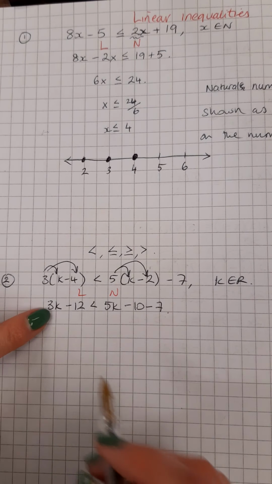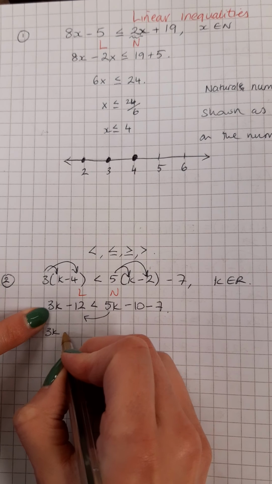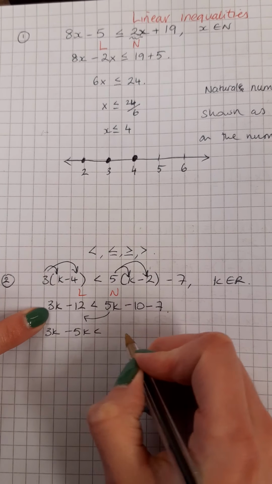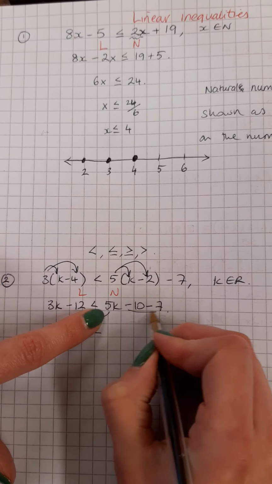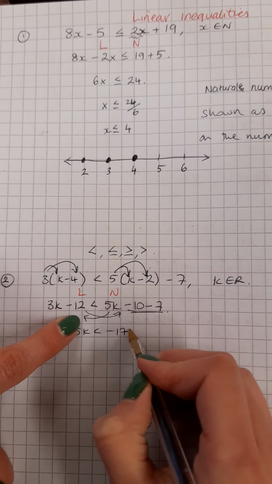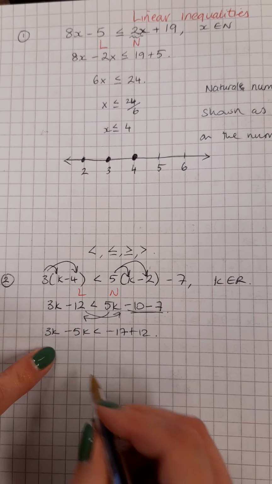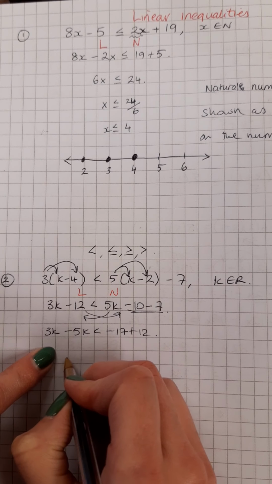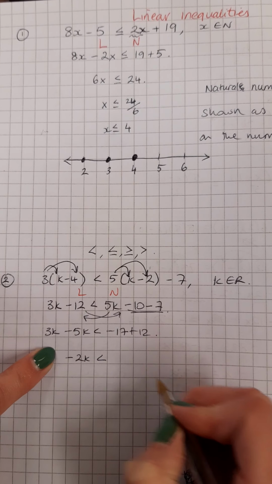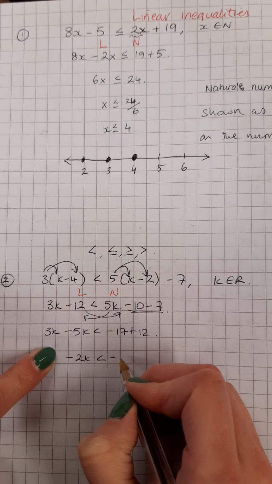So we're moving all the k's to the left-hand side. When you move over the 5k, it becomes a minus 5k, less than. When you add those two together, that's minus 17. Bring over the minus 12, it becomes plus 12. We'll simplify this. 3 minus 5 is minus 2k, is less than minus 17 plus 12 is minus 5.